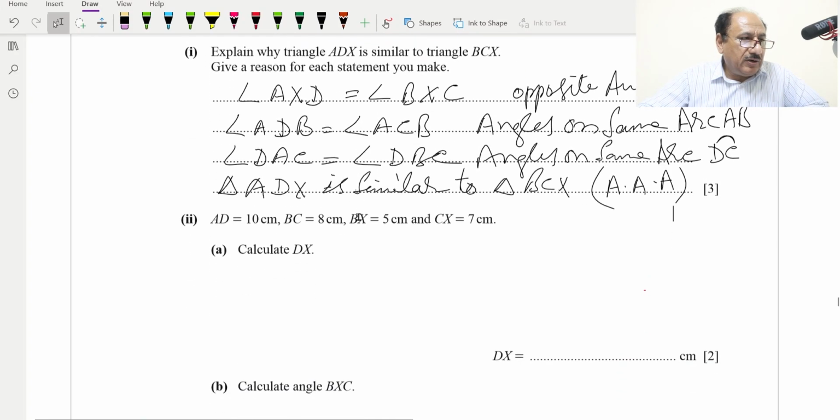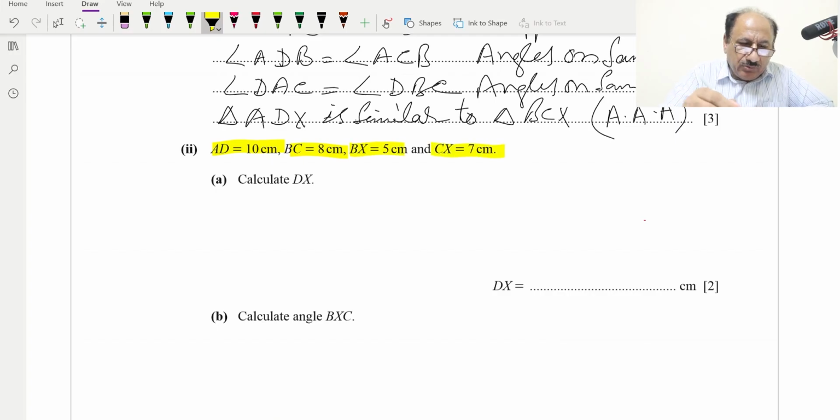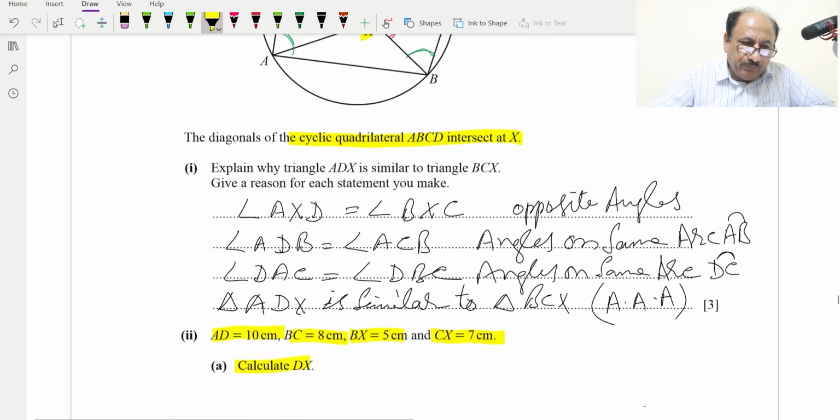Now second part, they're saying AD is equal to 10 centimeter, BC is equal to 8, BX is equal to 5, and CX is equal to 7, and we have to calculate DX.